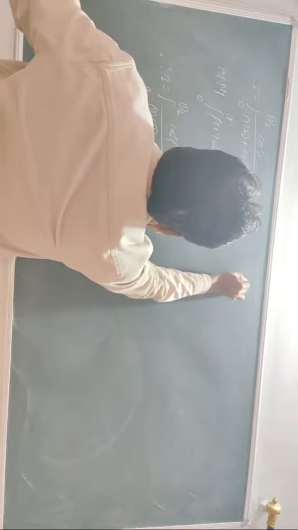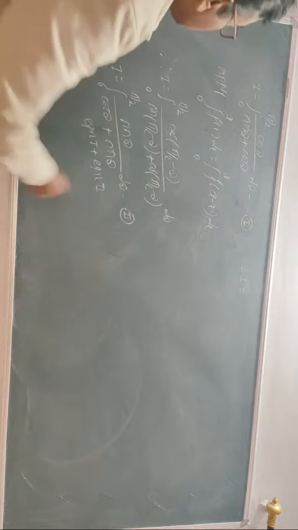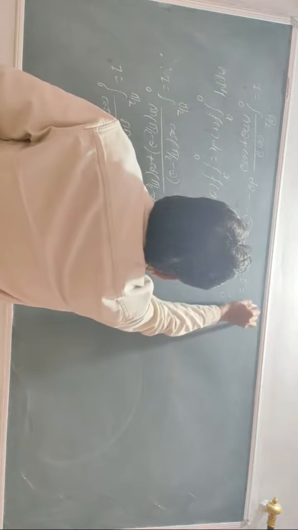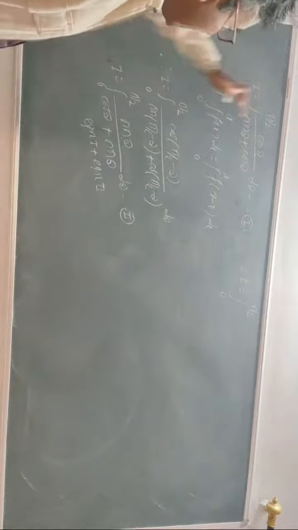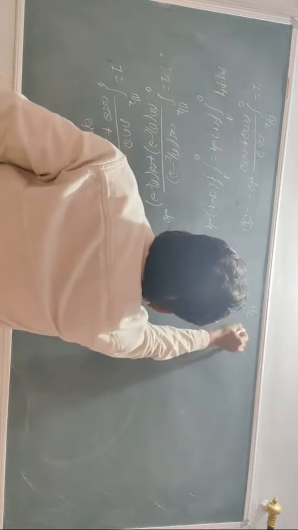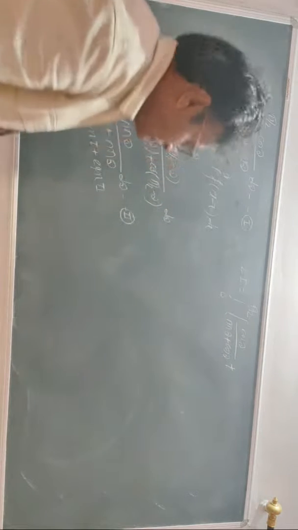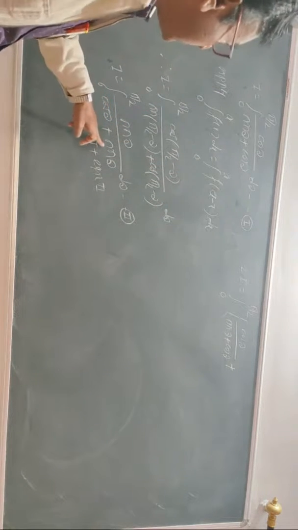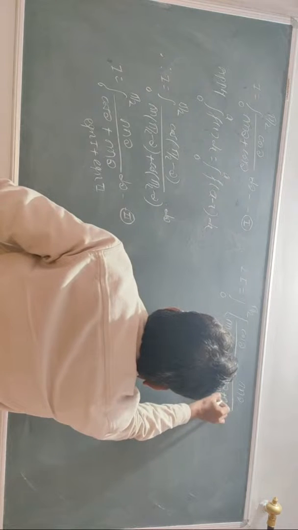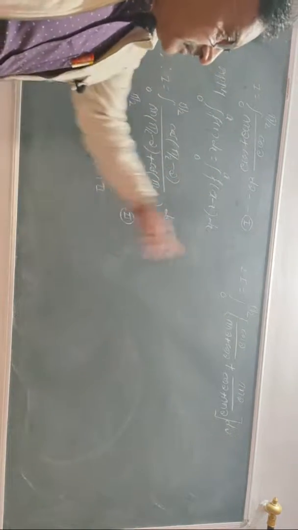Therefore 2I is equal to the integration from 0 to pi by 2, and here also integration from 0 to pi by 2, of the function cos theta upon sin theta plus cos theta, plus the function sin theta upon cos theta plus sin theta, into d theta. After addition of the RHS, we get this shape.